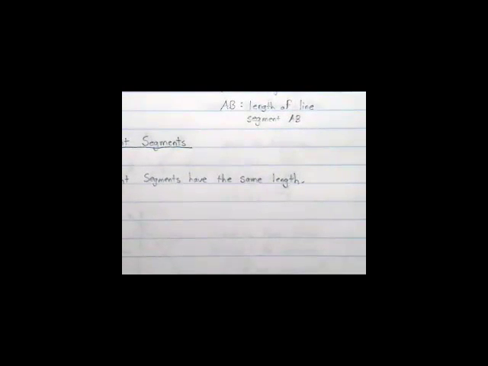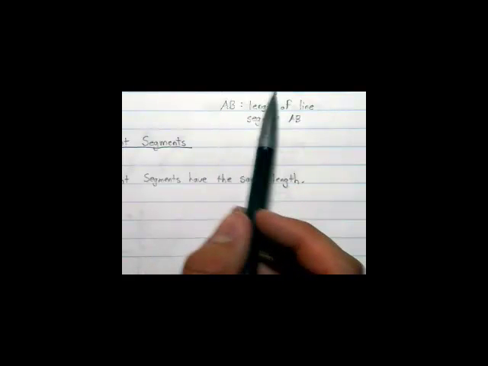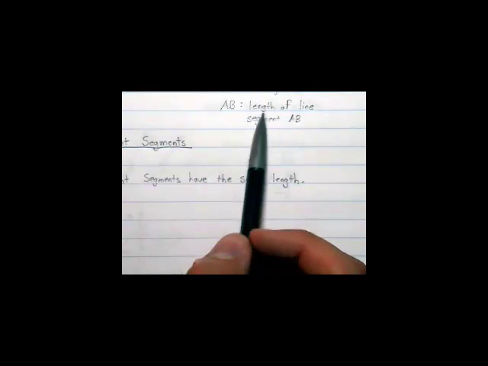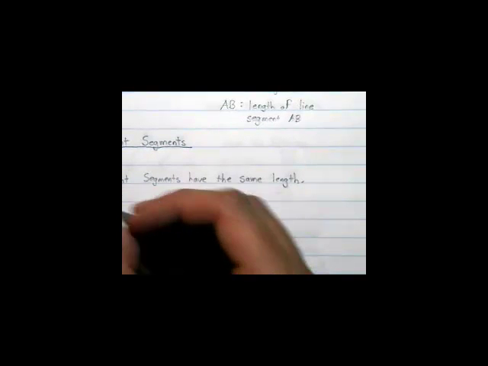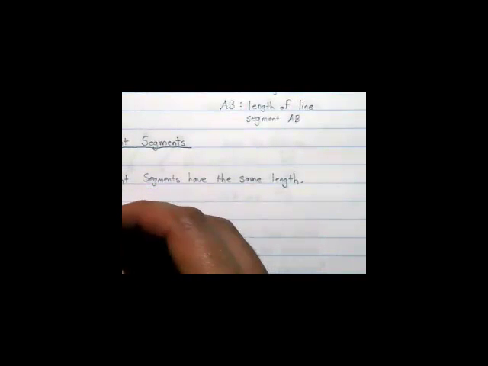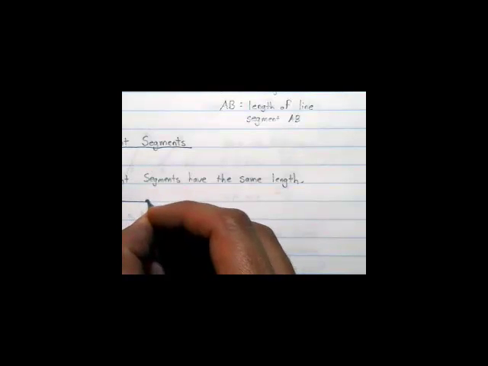Okay, and so this is going to come back to that notation stuff that we talked about up here. If you put the bar on the top, it's talking about the segment. Without the bar, it's the length. Okay? Because this thing with congruent segments, people screw this up all the time. So let's say I've got two segments. We'll go with CD.